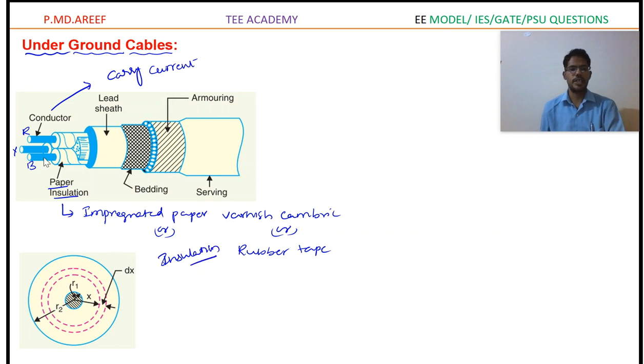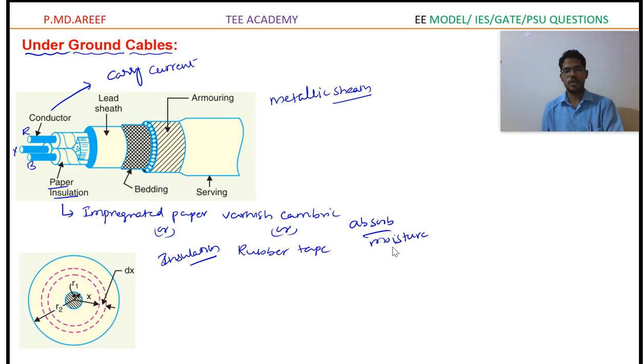Once they are separated, there is one more layer, the lead sheet, which we can also call a metallic sheet. Why do we use this metallic sheet? Because the impregnated paper, varnish cambric or rubber is going to absorb moisture.